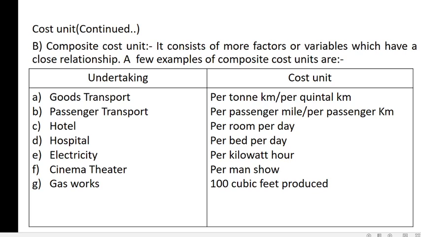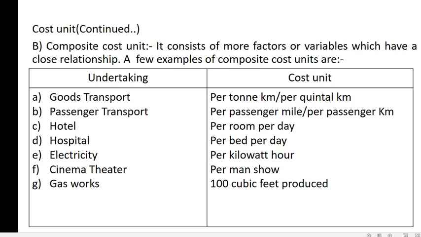Composite cost unit. Now we come to the composite cost unit. When more than one measuring units are grouped or combined together for use as a cost unit, it is called as composite cost unit. A composite cost unit consists of more factors or variables which have a close relationship.